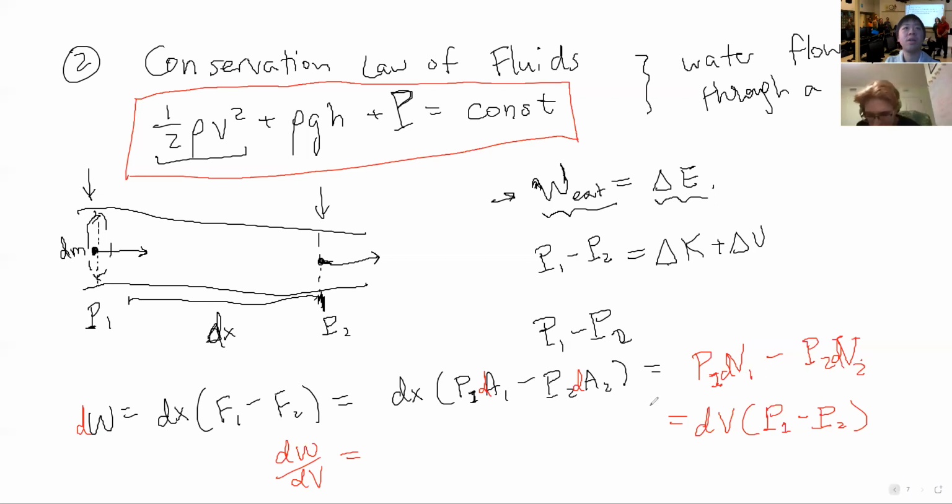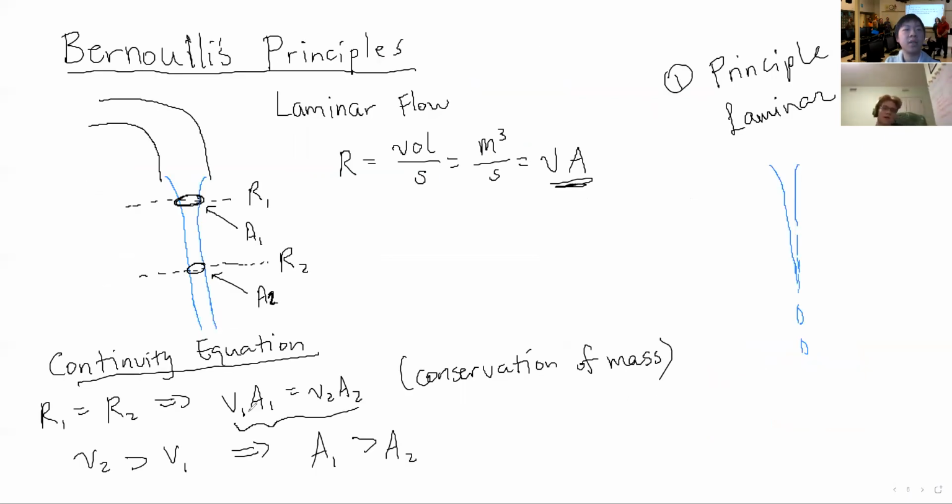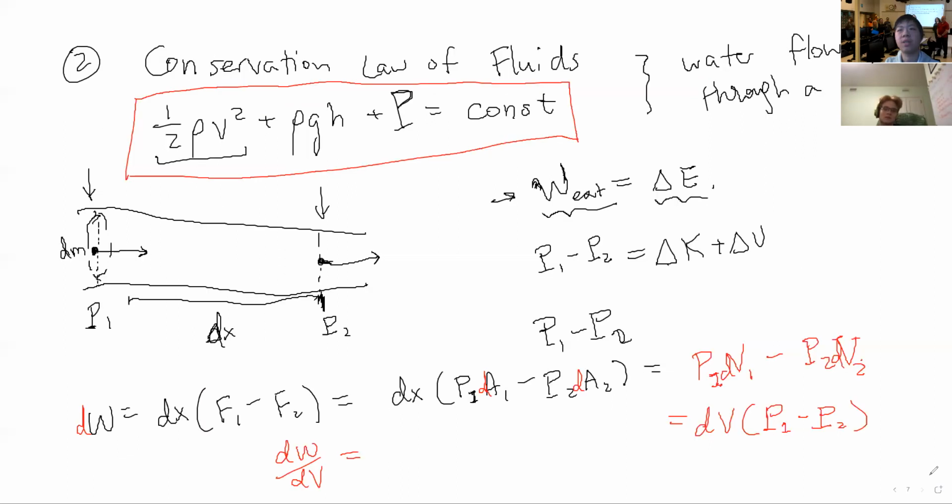Here we proved that V times A is always going to be the same in a tunnel. By the way, this is why squeezing a juice box will not only get the last bit of juice out, it'll also make it squirt out faster, because you're making the area smaller.